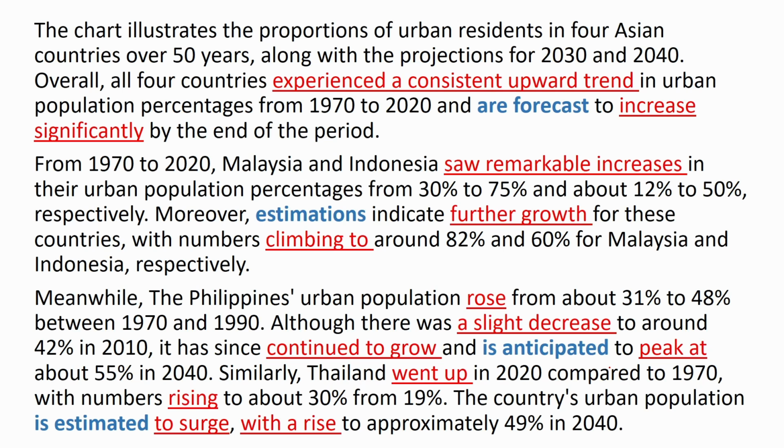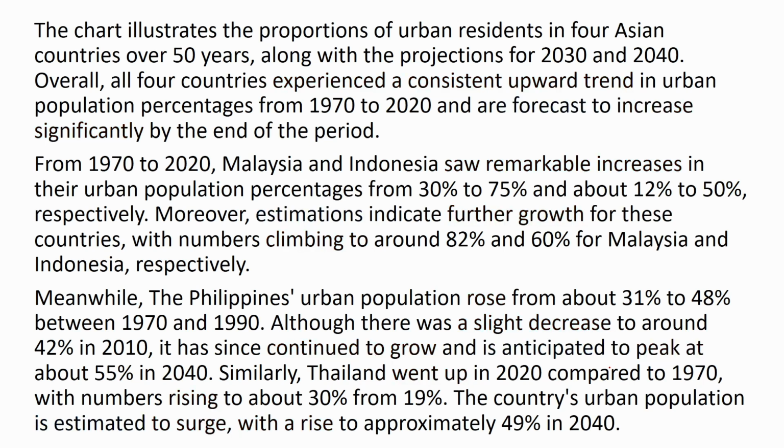In terms of grammar, sentences here are mostly compound and complex. So in the first paragraph, we have 2 compound sentences that are connected with conjunctions along with and. In the second one, we also have compound sentences and one complex sentence in this part with a main clause and a dependent clause.